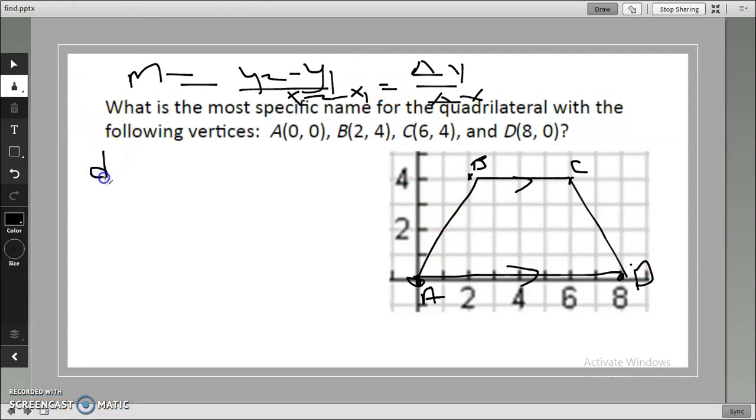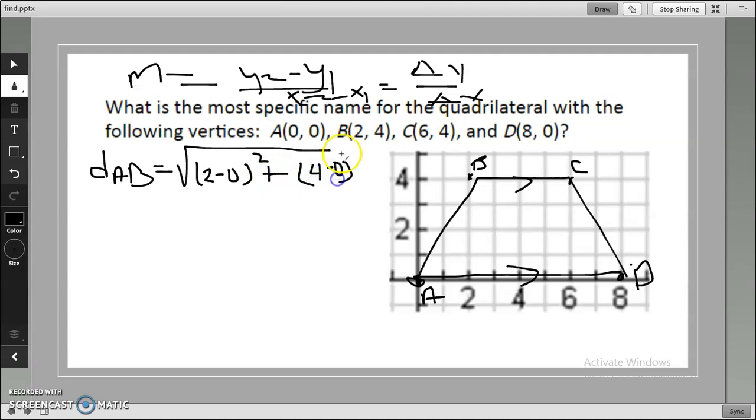So we have the distance from A to B, and the formula is the square root of x2, so we'll say B is my x2, so 2 minus x1 squared plus y2, which is 4, minus y1 squared, and I get 2 minus 0 is 2, so 2 squared plus 4 squared.